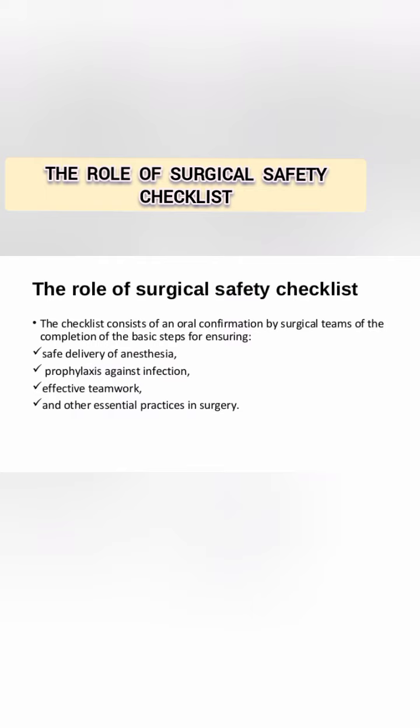The role of the surgical safety checklist includes the safe delivery of anesthesia by the anesthesia technician or the anesthesiologist, then prophylactic treatment against infections, then effective teamwork should be ensured, and other essential practices during the time of surgery. Safe site surgery will help the surgical team to avoid surgical deaths and errors. The SSC also helps in reducing legal issues, surgical infection, and poor communication among the surgical team members. It is a set of safety checks that has been assembled to reduce the number and severity of adverse effects.